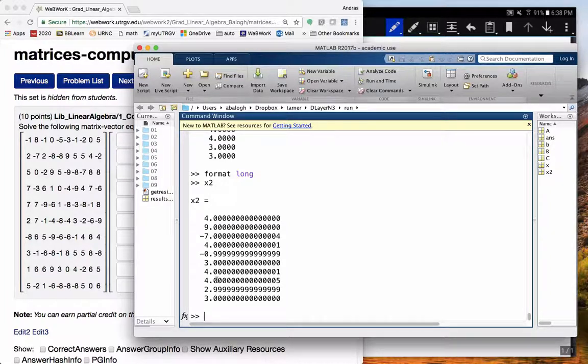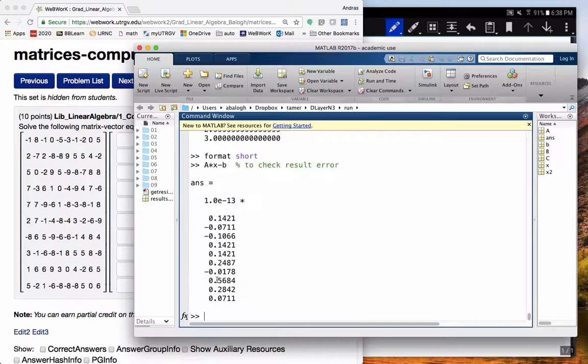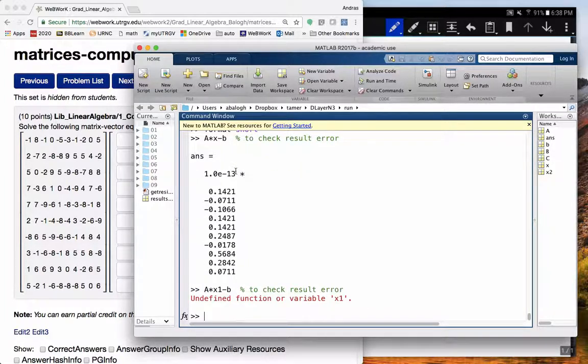While this was the error for the Gauss-Jordan elimination with the backslash, now use the new solution calculated with the inverse matrix. Notice the difference.